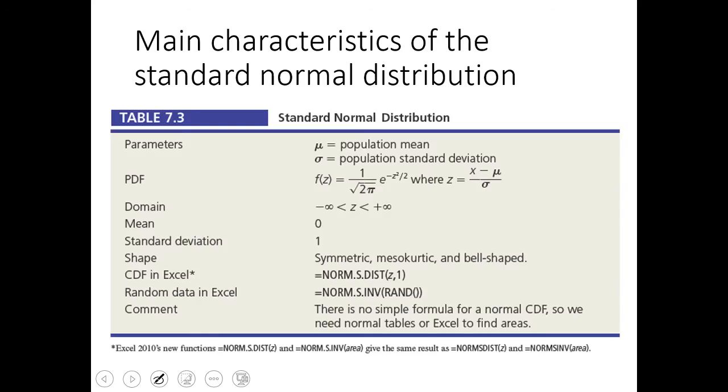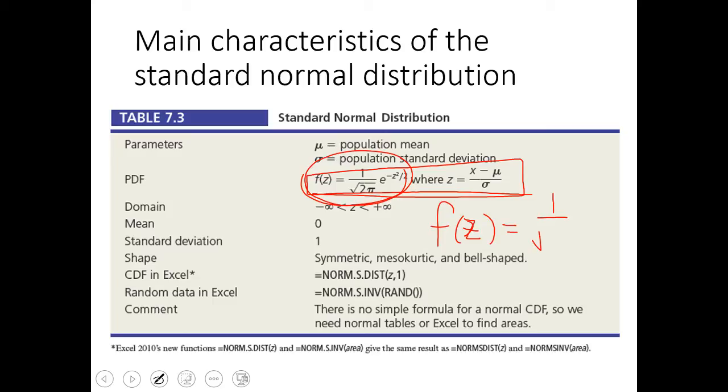So then the standard normal distribution has a probability density function like this. Okay, so the probability density function of the standard normal distribution is 1 over square root 2 pi times e to the minus z squared over 2. And mean is 0 and standard deviation is 1, and you can use the Excel function like this. S is standard.